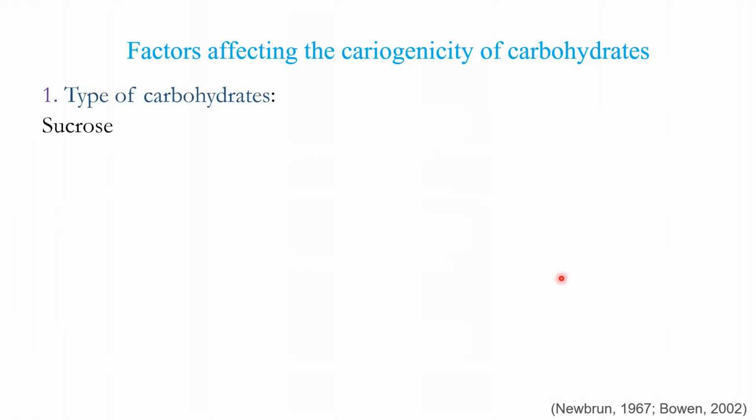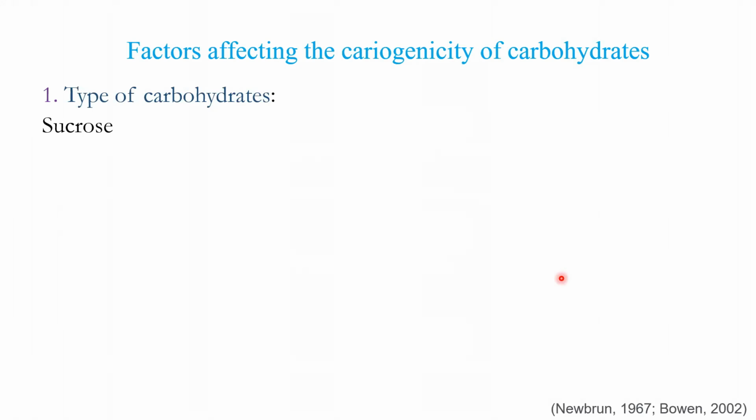Let's move on to the factors which affects the cariogenicity of the carbohydrate itself. The type of carbohydrate, I've already told you, the refined one is bad, and especially the sucrose, because sucrose is the type of carbohydrate which is actually helping the bacteria to produce dextran and glucan. You already understood what dextran and glucan are.